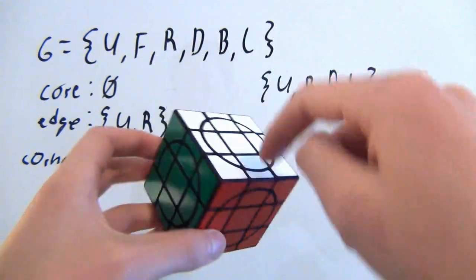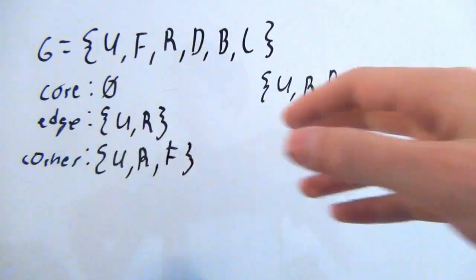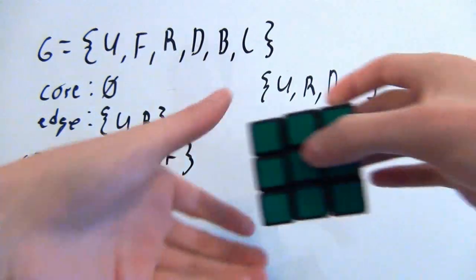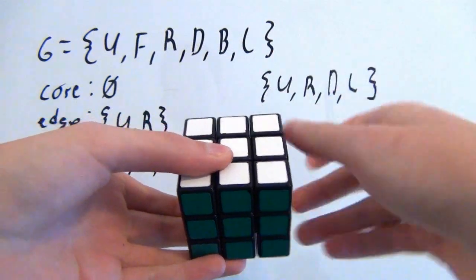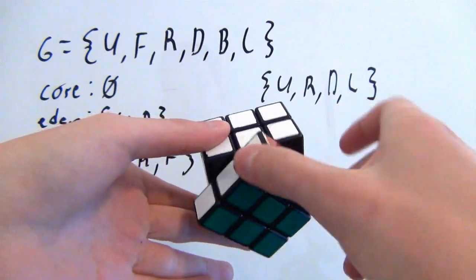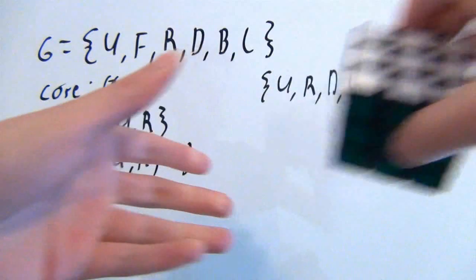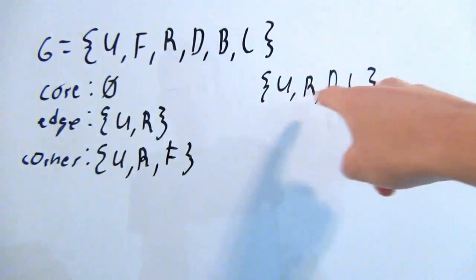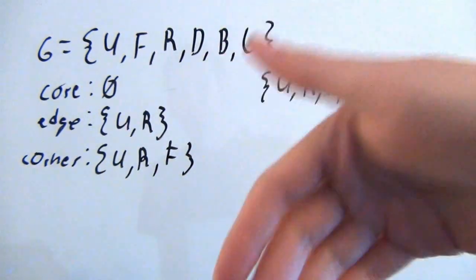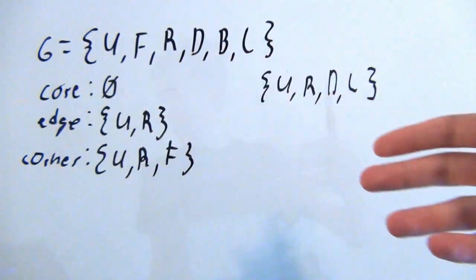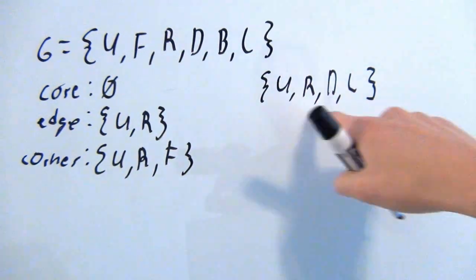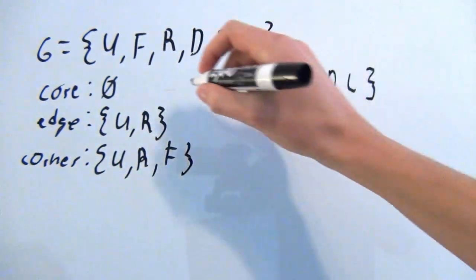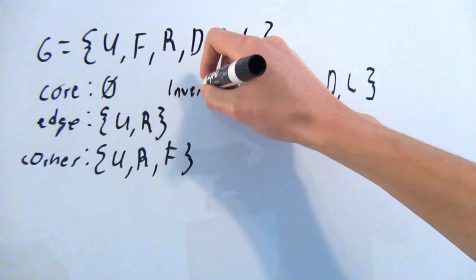Well, we didn't use F and we didn't use B. Those grips, F and B, are on exactly the same axis of rotation on the puzzle. So what we have here is the opposite of that. We have all the other grips that, if we pick a single axis, don't lie on it. So a terminology that we can use for these pieces is inverse axis pieces. We're going to say that this grip signature represents an inverse axis.